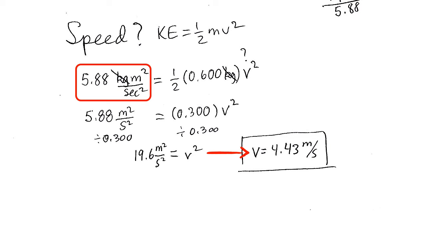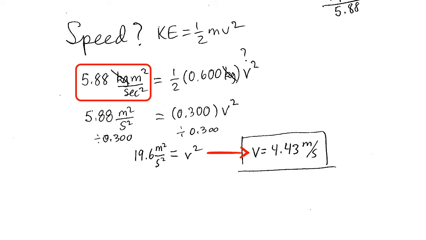And notice that there's no kilograms on the right now. There's no kilograms on the left either. On the left, you have meters squared per second squared. That's good because you're looking for a v squared value. And you may be saying to yourself, hey, Dr. B, why did you write down 5.88 kilogram meters squared per second squared? Isn't that a joule?